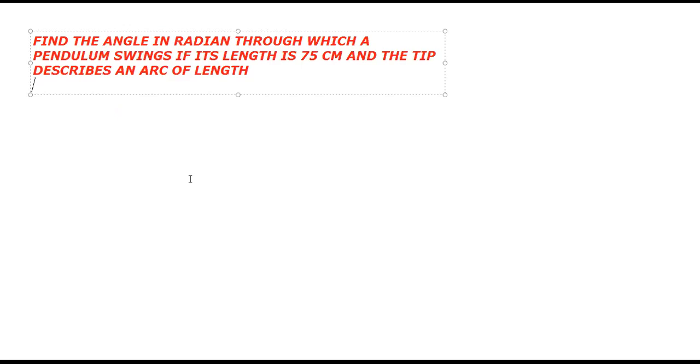Find the angle in radian through which a pendulum swings if its length is 75 centimeter and the tip describes an arc of length 10 centimeter. I'll show you how it works.